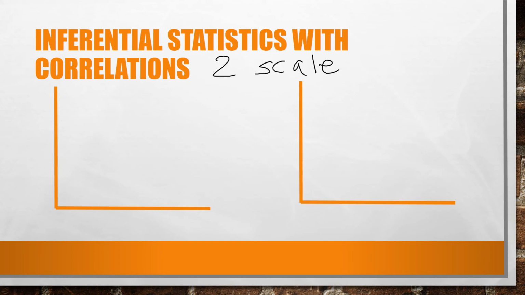So both the independent and dependent variable, or the predictor and outcome variable, are both scale. Let's take this for example.